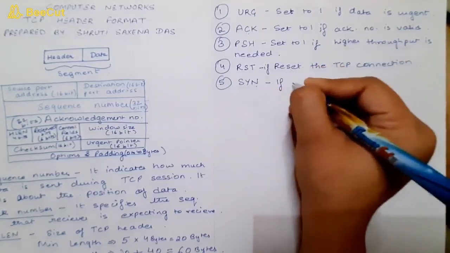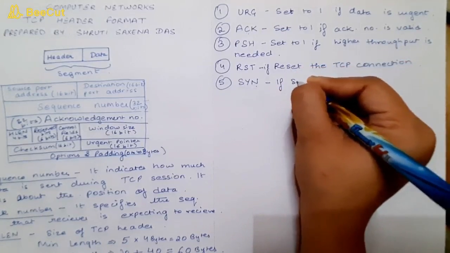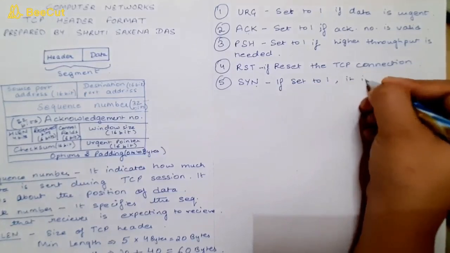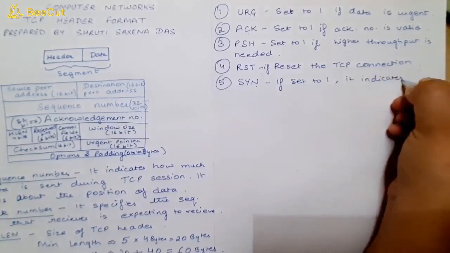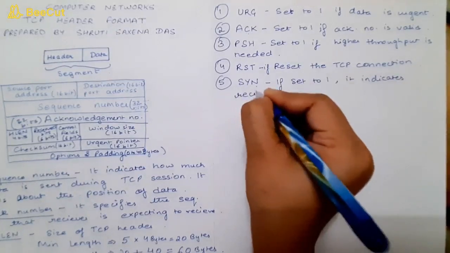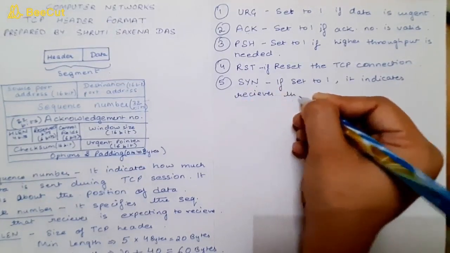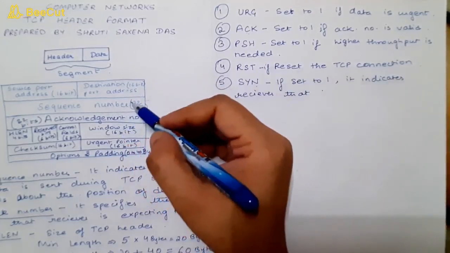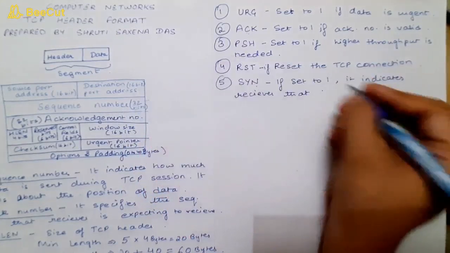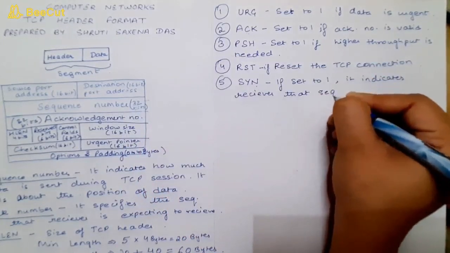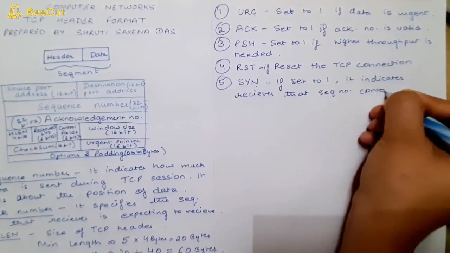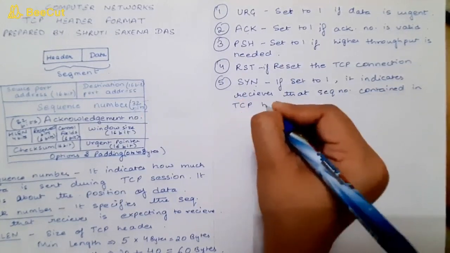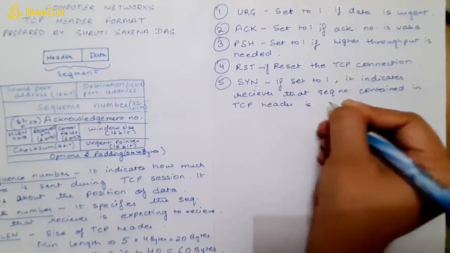If this is set to 1, then it indicates to the receiver that the sequence number contained in the TCP header is the initial one.